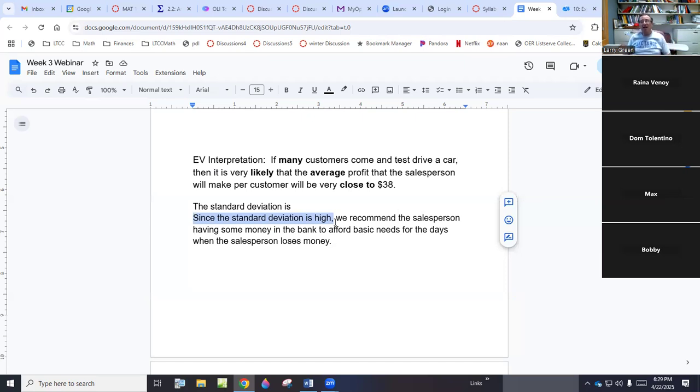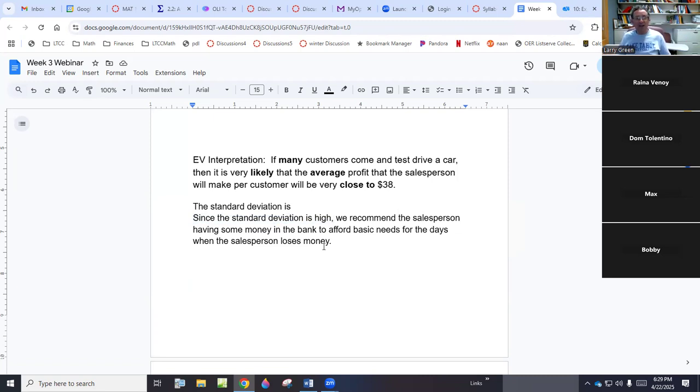If you have such a high standard deviation for the amount of profit you're making, there are going to be days where you're actually losing money, and days when you make a killing, much more money. So you should make sure you have money in the bank to afford basic needs for the days when the salesperson loses money.